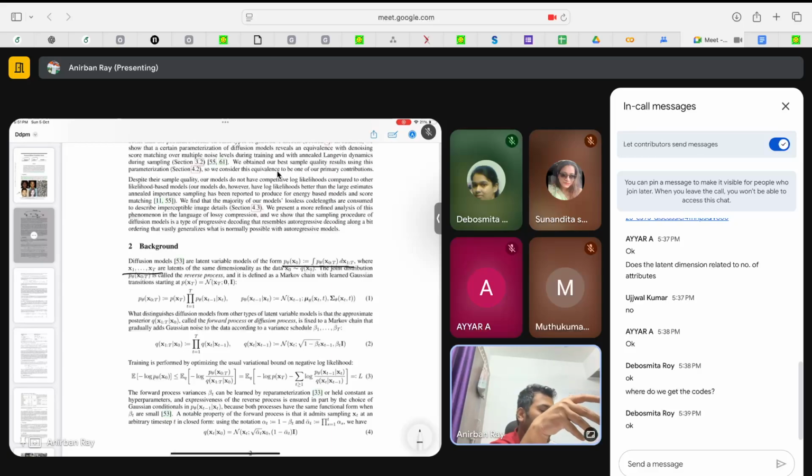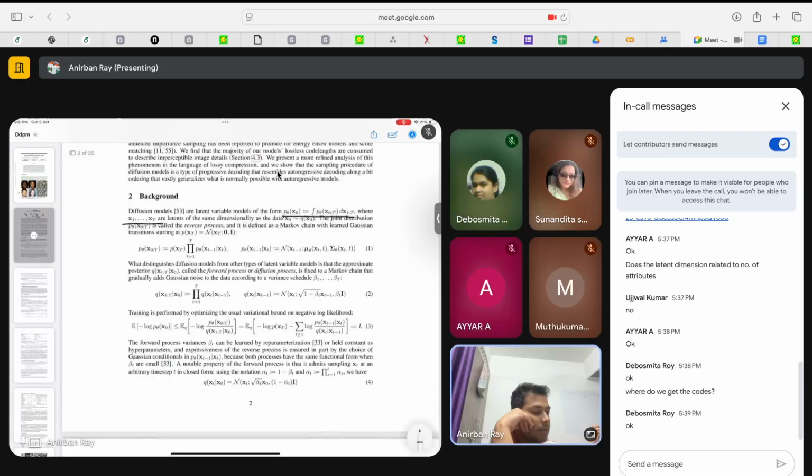Because in the diffusion model you don't get to a lower dimensional space, which is the problem. We are working in the same dimension. As you can see, latents of the same dimensionality as the data. The joint distribution p_theta(x_0:T) is called the reverse process, and it is defined as a Markov chain with learned Gaussian transitions.